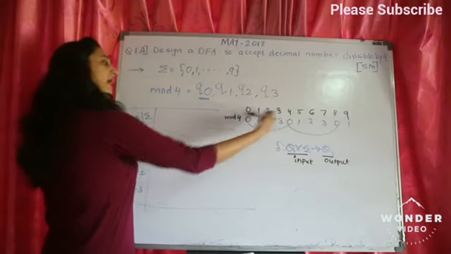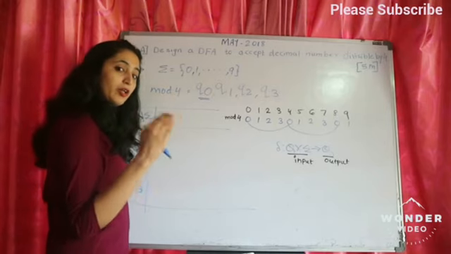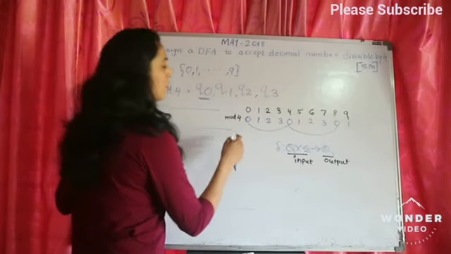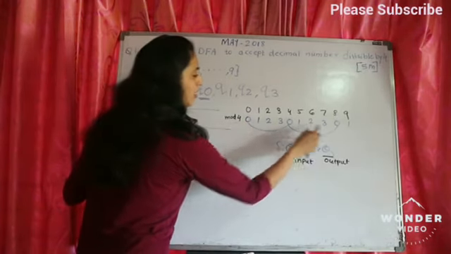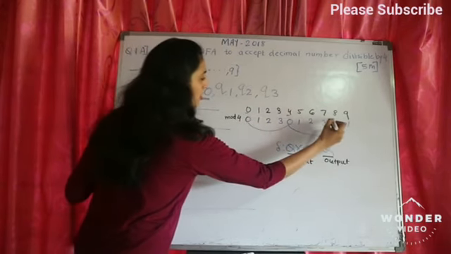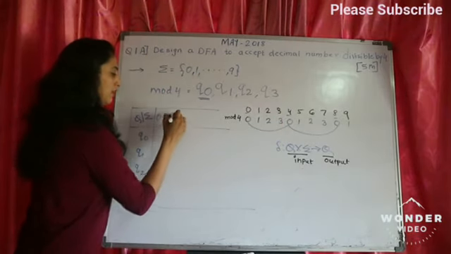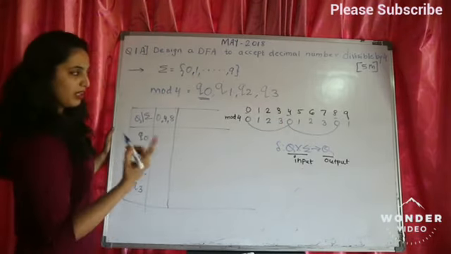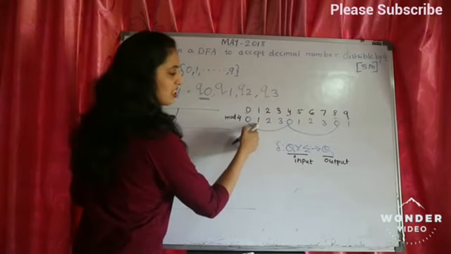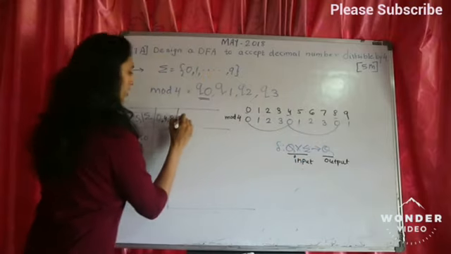But instead of writing 9 symbols differently, I can club them together into their types. The 3 symbols which are giving me the common answer of mod value 0 are 0, 4 and 8. All these 3 numbers I can write together. Similarly, the next numbers giving me mod 1 are 1, 5 and 9.